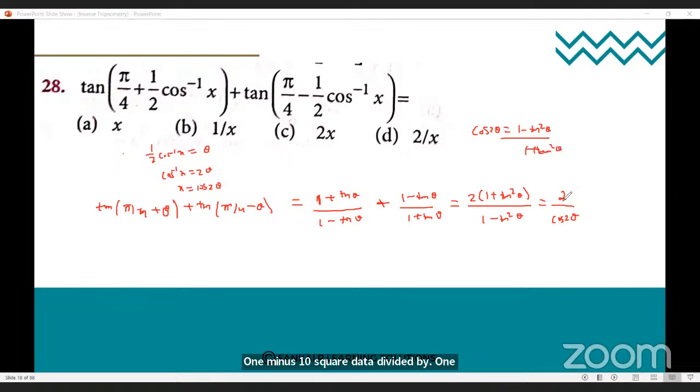So we are getting 2/cos 2θ. Since cos 2θ is x, it will be equal to 2/x. So option D will give us the right answer.